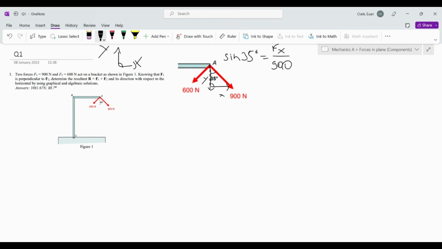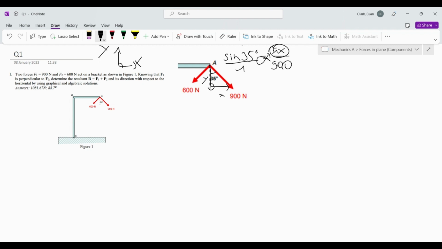And now we're interested in F1x, so imagine this is over 1, so it's simply going to be 900 multiplied by sine 35 degrees divided by 1. There we go, the cross multiplication rule.